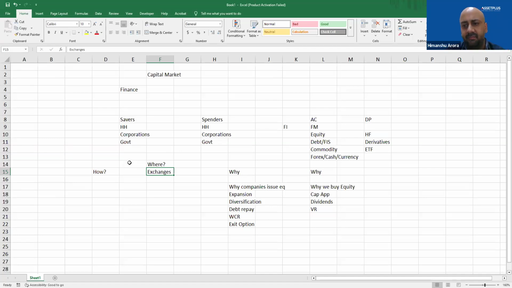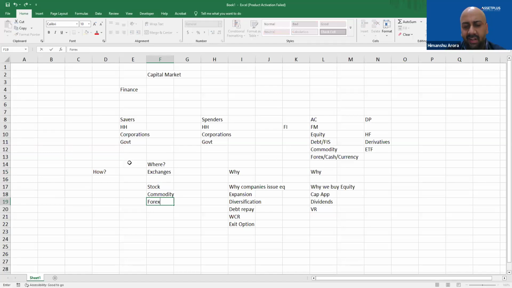Now what are exchanges? Exchanges are basically the platforms where financial securities are traded. And exchanges can be of different types. One, stock exchange. Second, commodity exchange.